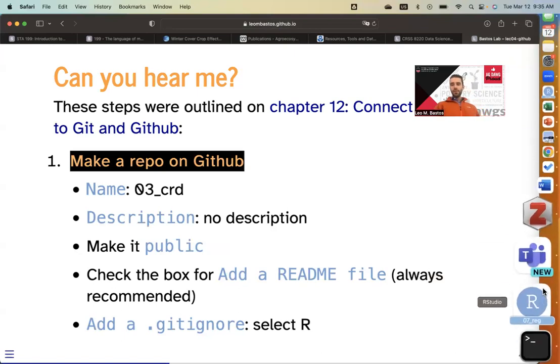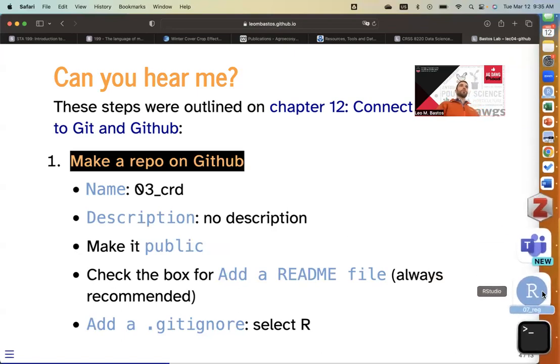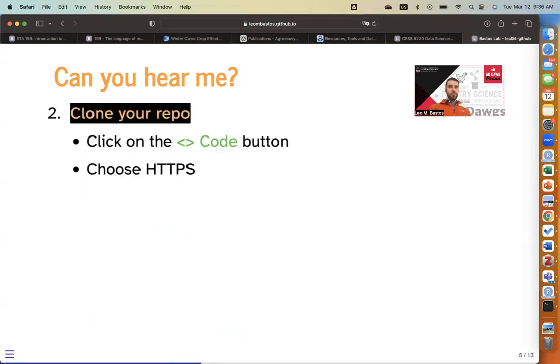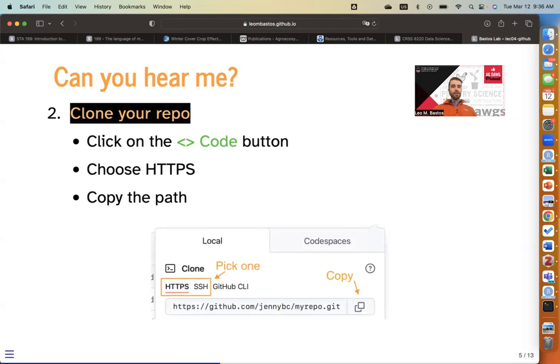So again, what I want you to create is 07_reg for regression on GitHub first. You don't need a description, make it public, add a README file, and add a gitignore for R. Once you do that, you're going to click on that HTTPS URL and copy it.